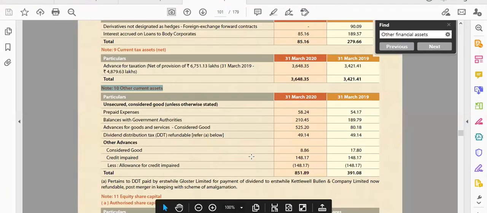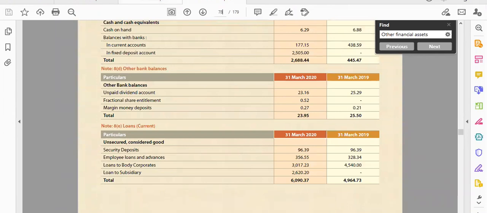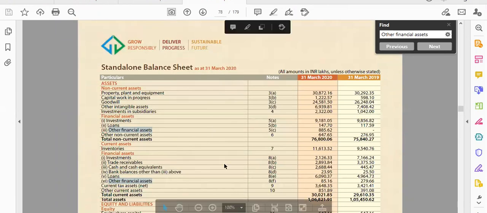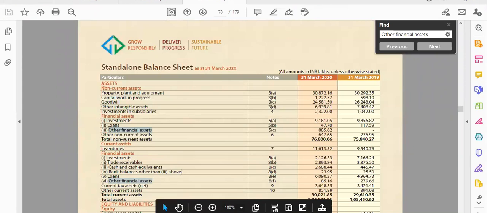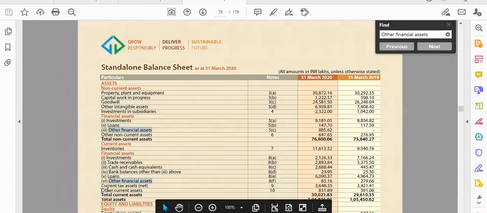Okay, here in the balance sheet you have to go and see and check what is given. Okay, that you have to check. So here it is given other current assets, it is given 8F as a number for that particular financial assets number. So that we will see, as well as we'll also check the other current assets, because here it is about tax.